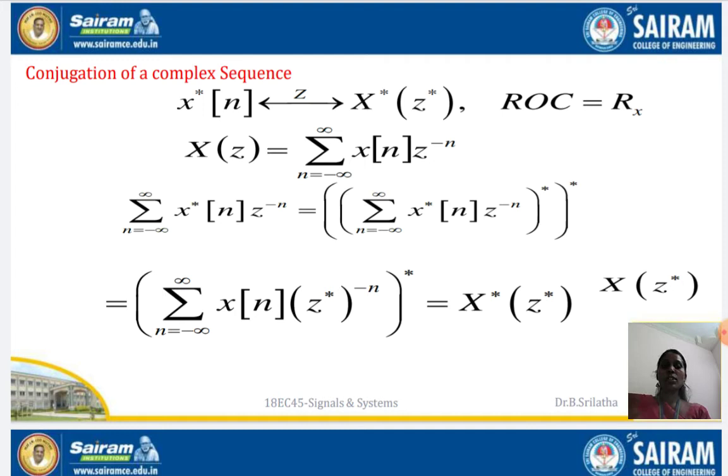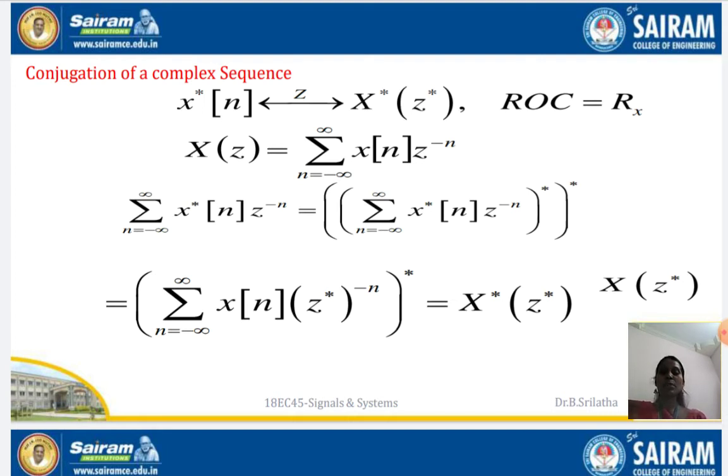The first conjugate I am going to combine with x conjugate of n. So the summation from n equals minus infinity to plus infinity of x conjugate of n into conjugate is nothing but both conjugates cancel, leaving only x(n). If you combine the other conjugate with z power minus n, we get z conjugate power minus n, and then the whole conjugate. Now compare with the definition of the Z transform.